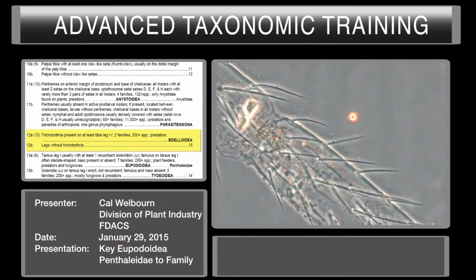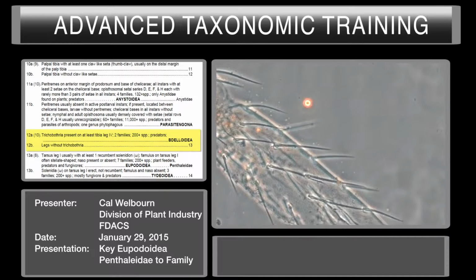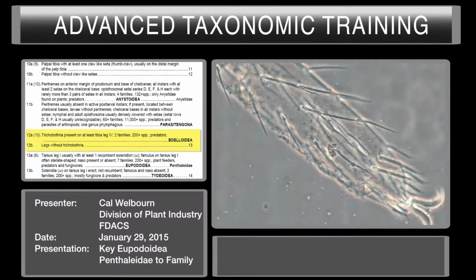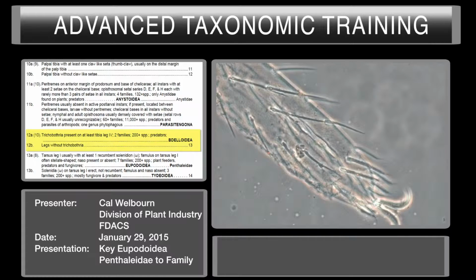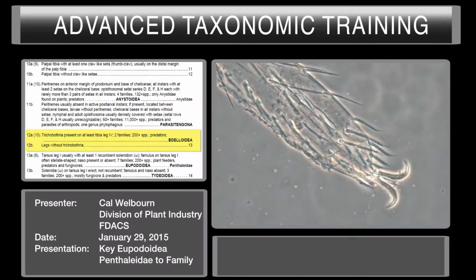This is the tarsus leg 2. This would be the tibia here, tarsus leg 2. And again, lots of normal setae, nothing that looks like a trichobothria. And you can see here your paired claws and pad-like empodium.